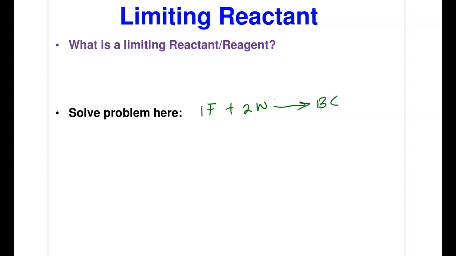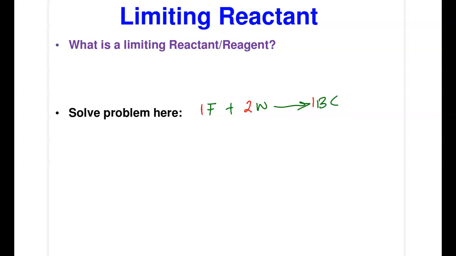My conversion factor is the ratio between the frame and the bicycle, which is 1 frame to 1 bicycle. And for the wheels, 2 wheels. This is my formula in this case.